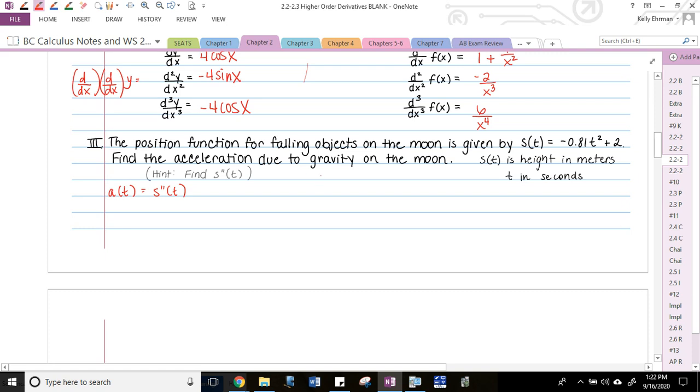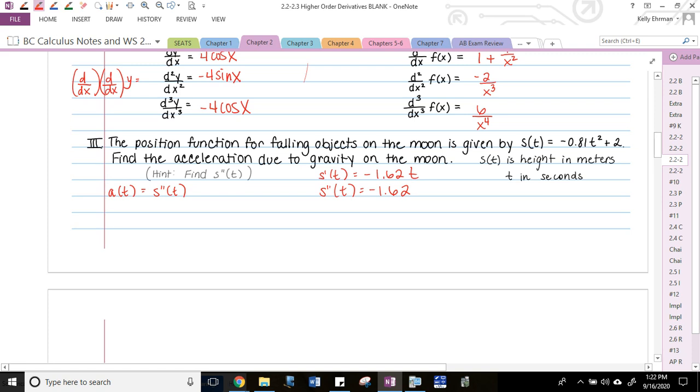All right, so let's see. S prime is equal to negative 1.62 t, that's a struggle. And then the second derivative of that is just negative 1.62.